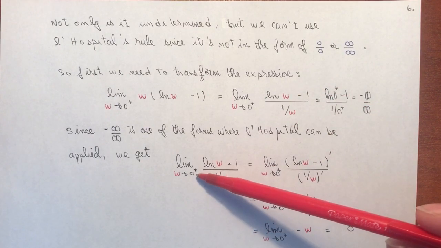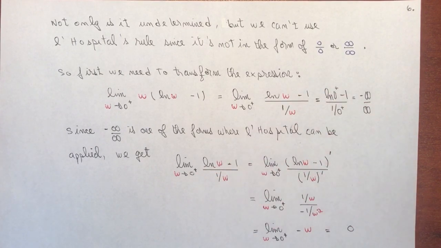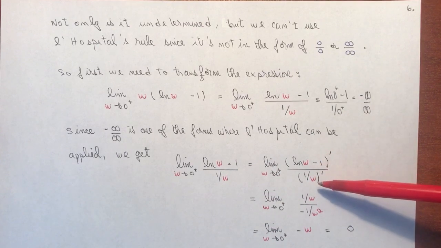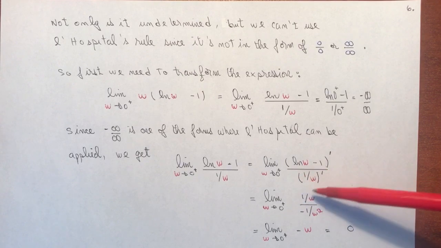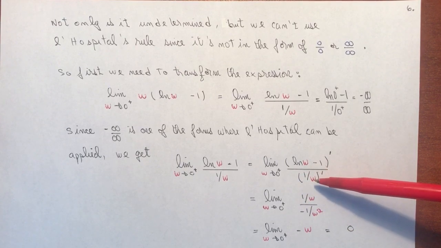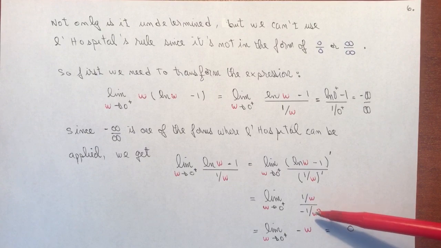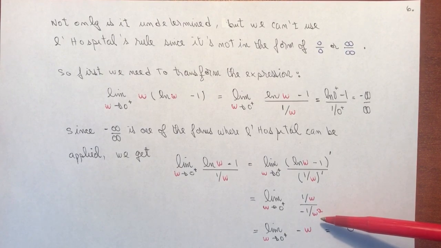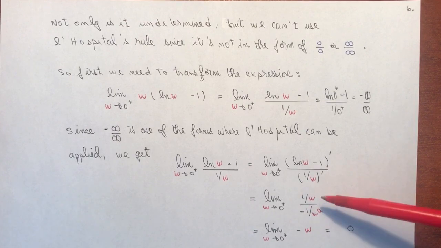So the limit as w approaches 0 plus of this new function, we differentiate the top and the bottom. The derivative of ln w minus 1 is 1 over w, and the derivative of 1 over w, which is really w to the minus 1, is minus 1 times w to the minus 2, but I can bring it down as w squared. I can flip my fractions and simplify.